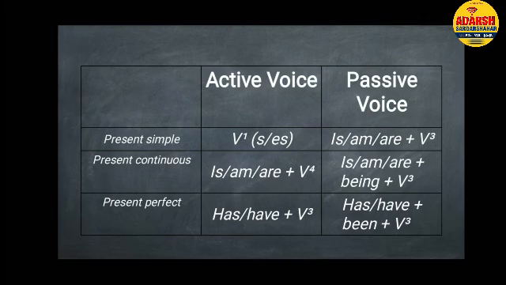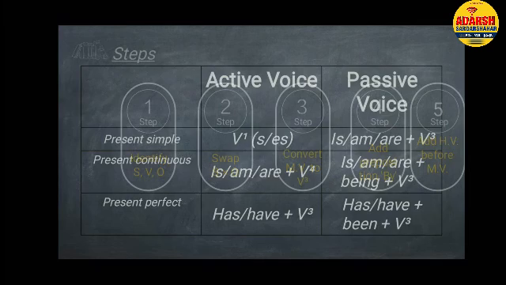Let me tell you one thing: in passive we always use the verb's third form, the past participle. So we have done our present tense, and you can check the previous video related to this tense. Here we are going to learn all about past simple tense.